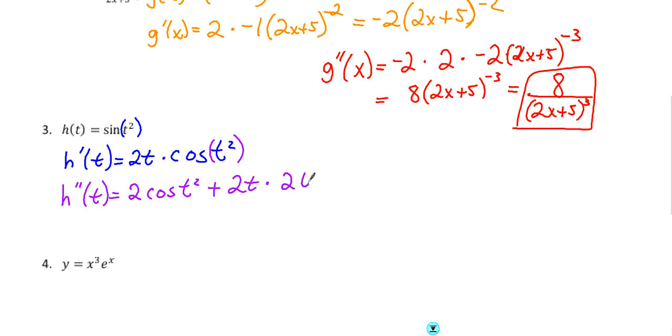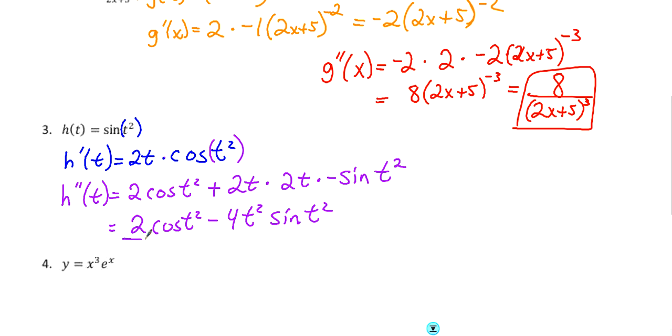So the derivative of t squared is 2t times the derivative of cosine, which is negative sine t squared. And again we want to clean this up. So we get 2 cosine t squared minus 4t squared sine t squared. And that is our second derivative.